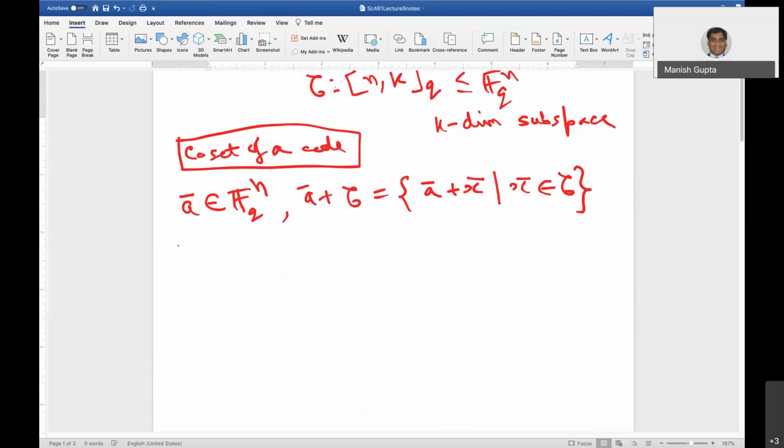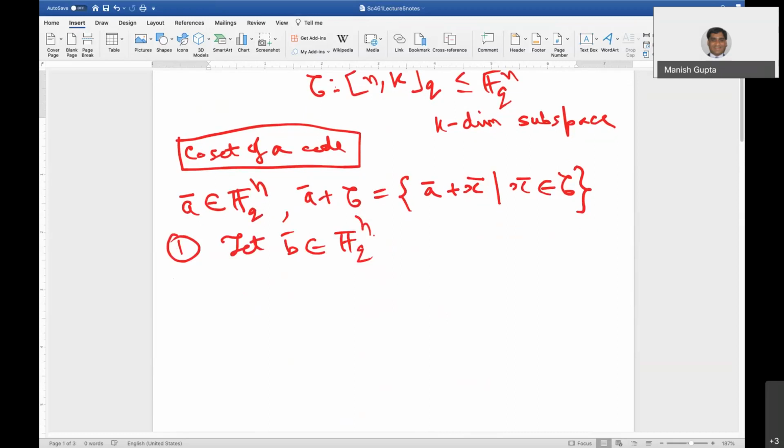The first property is that every vector of F_q^n belongs to some coset. This was clear because we did the coset decomposition of the whole space, Z2 to the power 4.